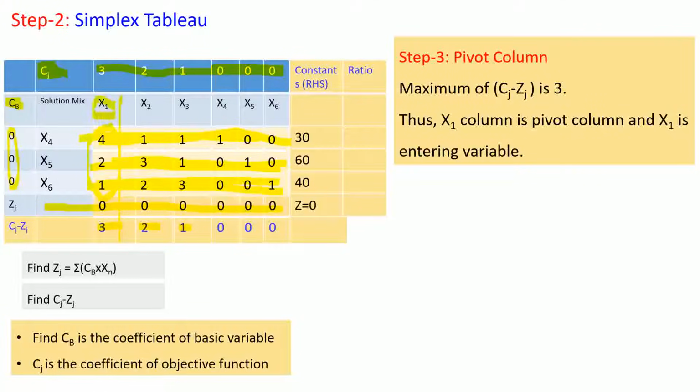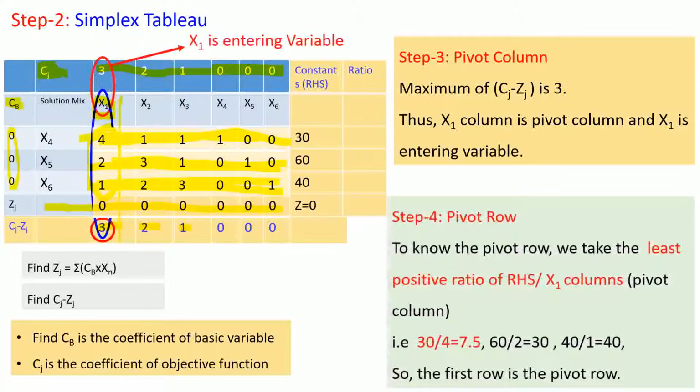X1 is the entering variable, whereas another variable should be the leaving variable. Let's move to the next step, that is to determine the pivot row. This is the pivot column, as you see. Now let's determine the pivot row to know the leaving variable.